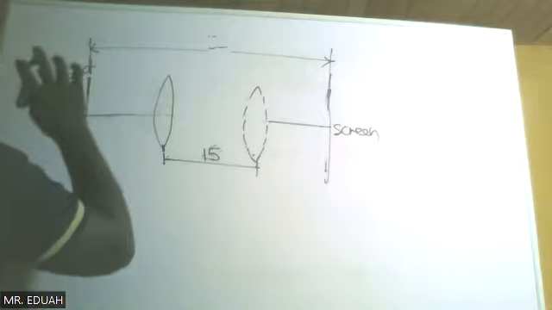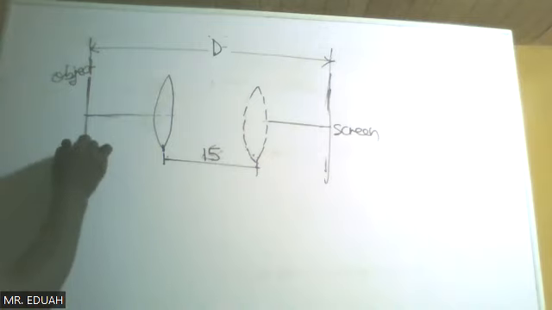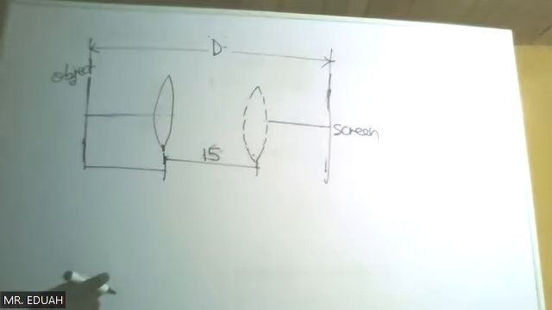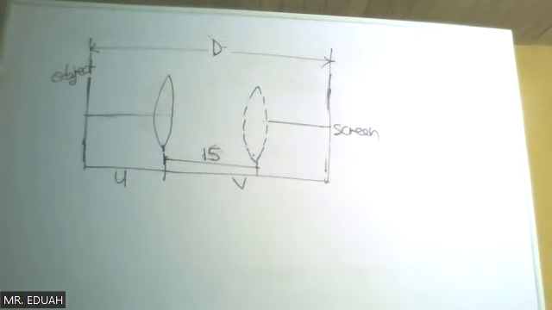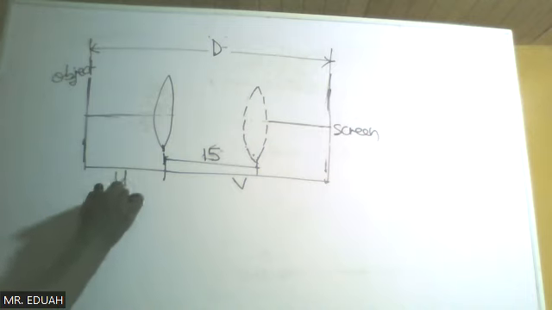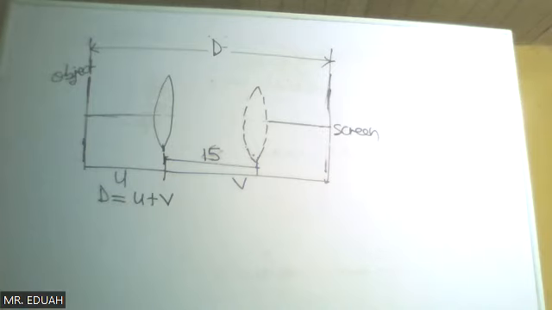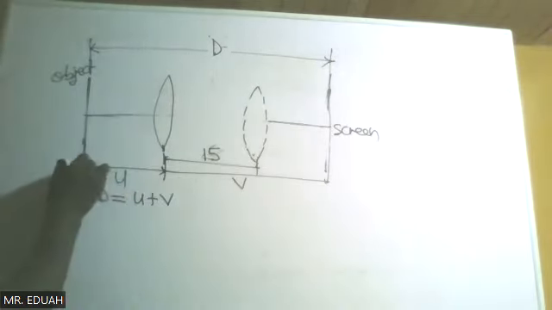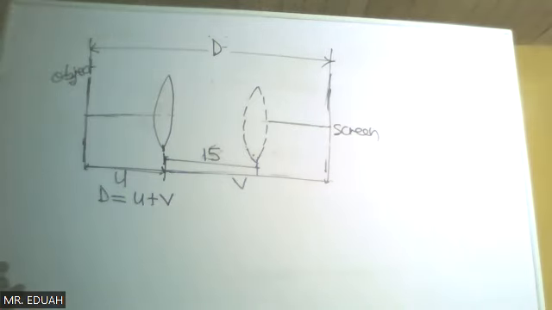We represented the distance between the illuminated object and the screen as D. Then, assuming this is the first position of the lens where a clear, real image is formed on the screen, the object distance is U and the image distance is V. So D is equal to U plus V. Because this distance is fixed, if this is maybe 30, this will also be 70.